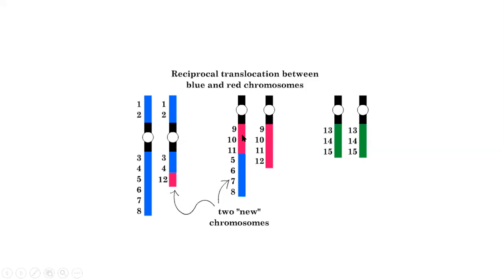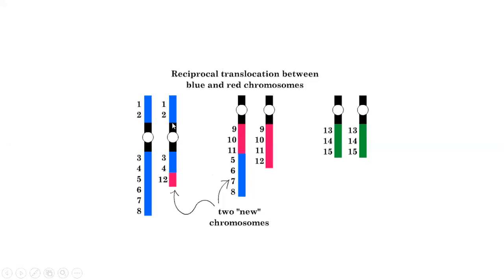In this diagram, only one chromosome from each pair, one chromosome from here and one from here, is showing translocation. This is called heterozygous, or this is also called reciprocal.